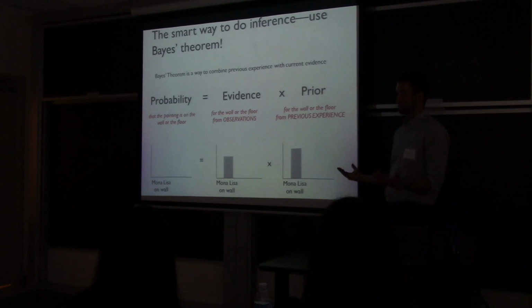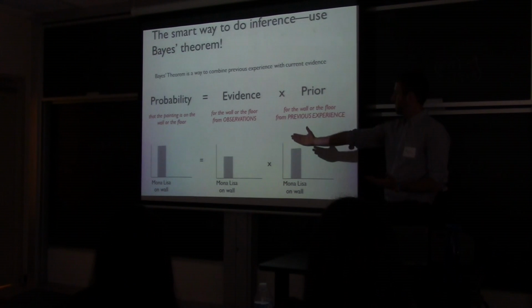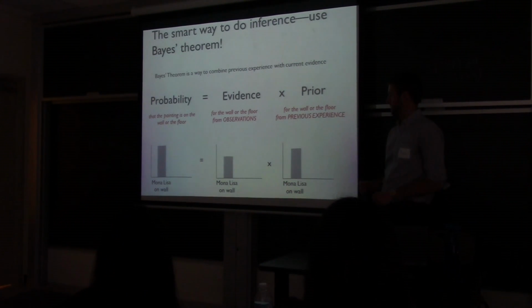Also, paintings are usually hung on walls. I mean, I don't know if you guys have ever seen a painting on the floor. Maybe if you go to the MoMA or something like that. But paintings are usually hung on walls. So we also have a high prior, or high expectation, that the painting is going to be on the wall. If we multiply those two together, we have a high probability that the painting's on the wall.